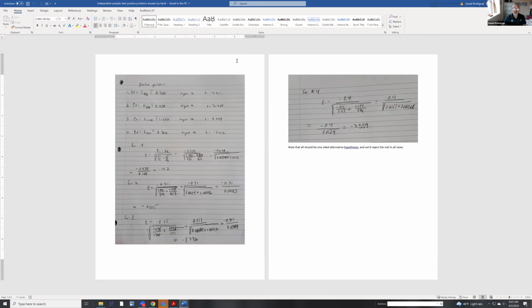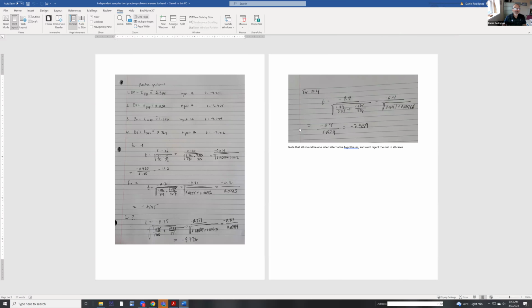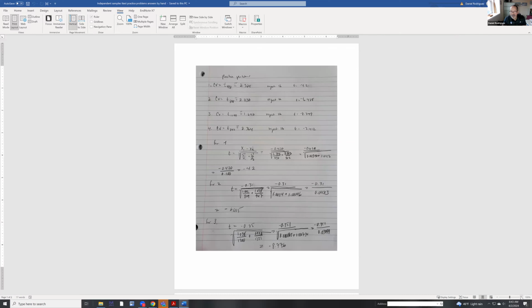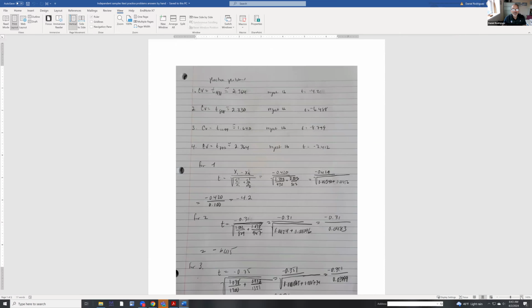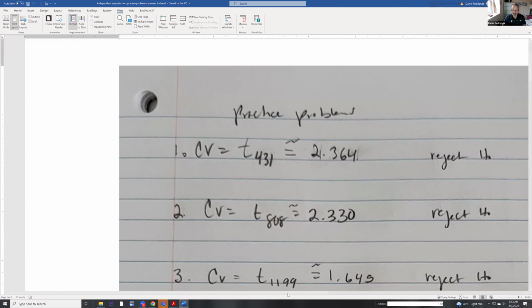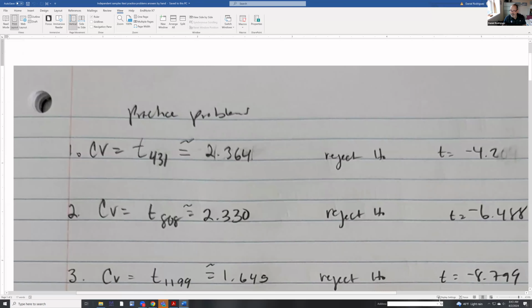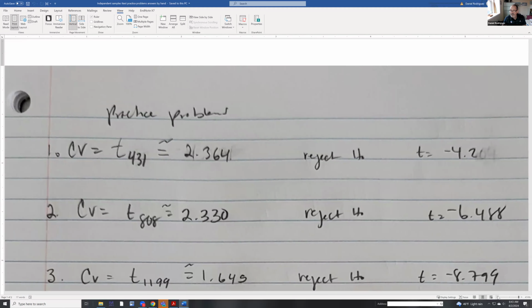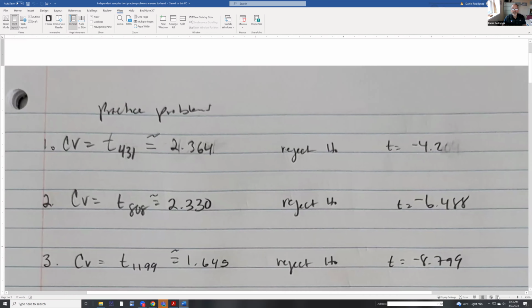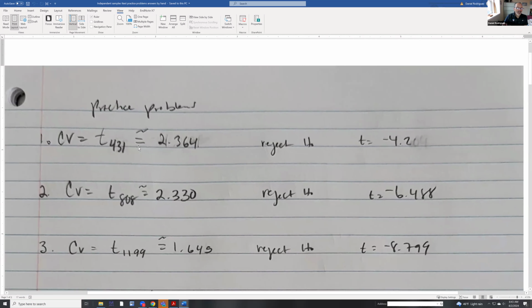If you look at the work that I did, let me expand this to a single page view and increase. So here, I have my t-value with 431 degrees of freedom being my critical value of 2.364.